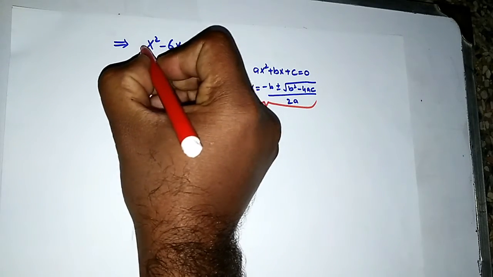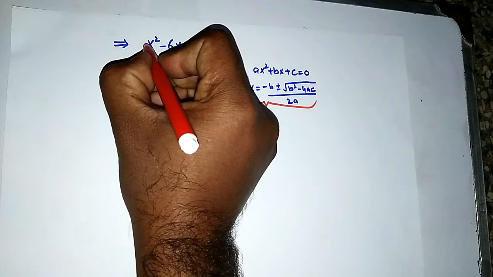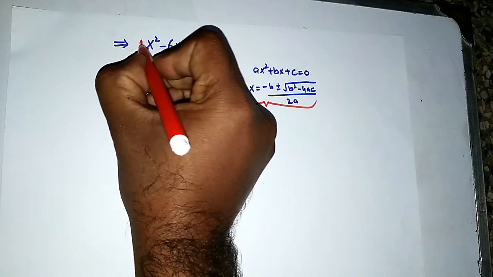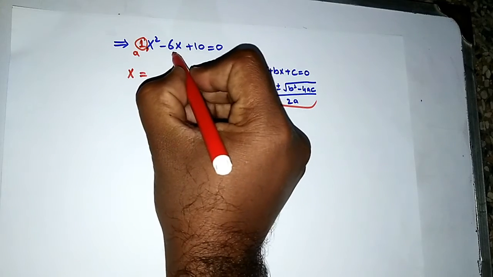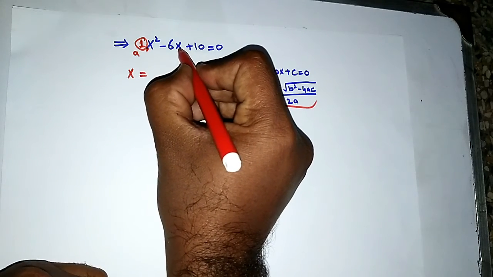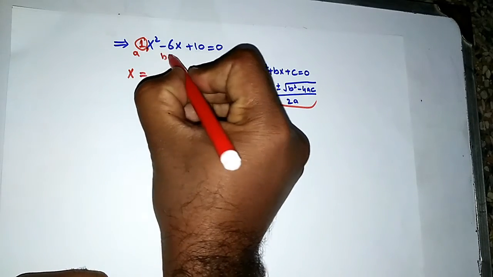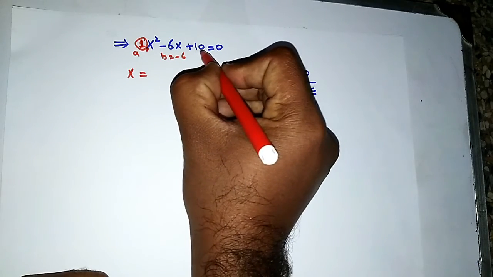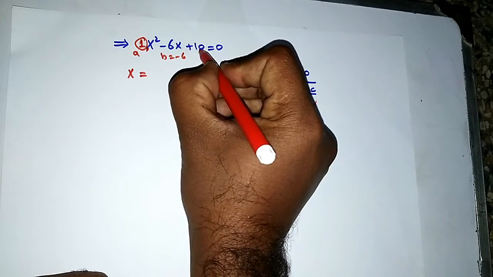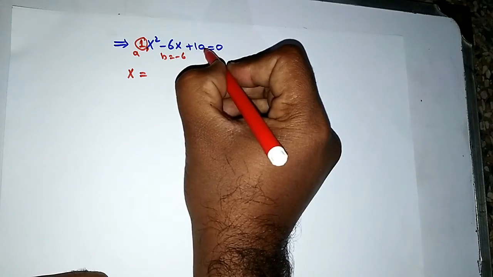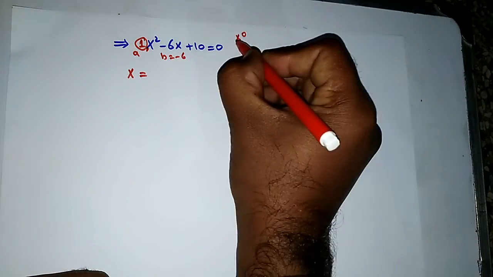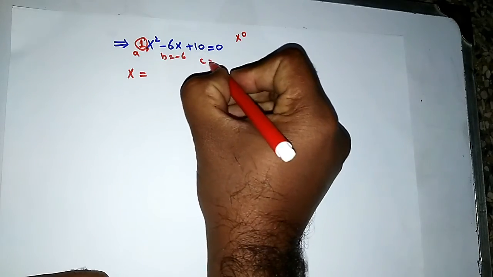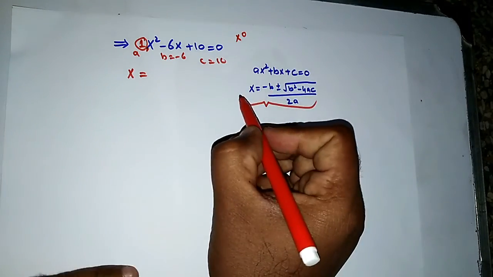The coefficient of x square is called a. Here the coefficient of x square is 1, so a is 1. The coefficient of x is called b, and here b is equal to minus 6, and the third term, which is the coefficient of x power 0, is called c, and here c is equal to 10.